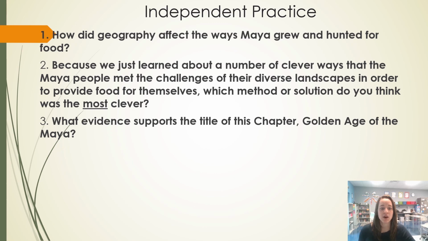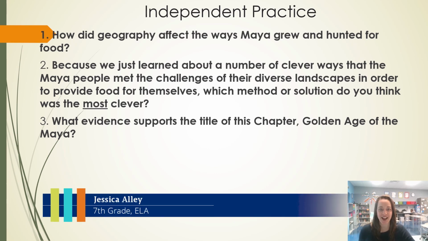Question 3. What evidence supports the title of this chapter, Golden Age of the Maya? Make sure you have all 3 questions copied so you can answer them and be ready for lesson 5.